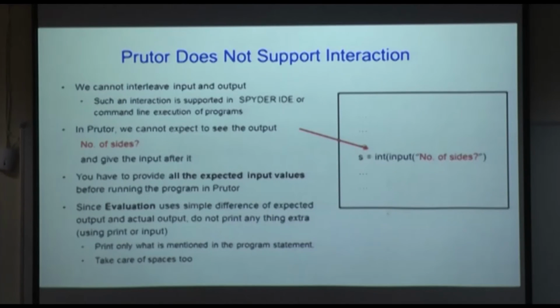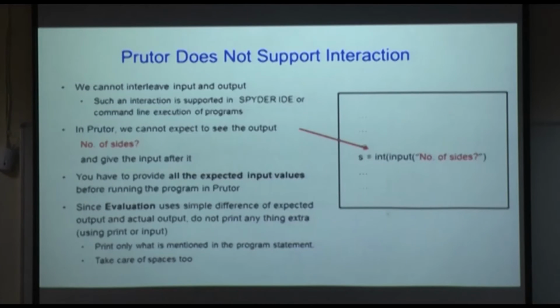Secondly, our evaluation system uses a simple difference of expected output and actual output. So you have to take care of spaces and new lines. You have to match the output format exactly as required by the problem statement. This part we are enhancing because in Python you will be doing a lot of floating point computation, which is not exact.